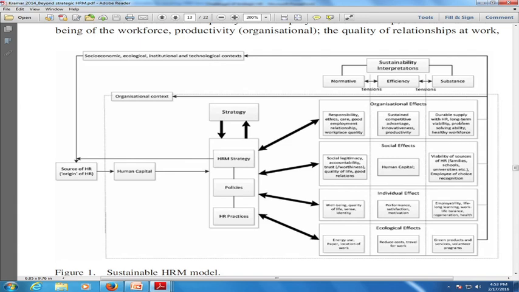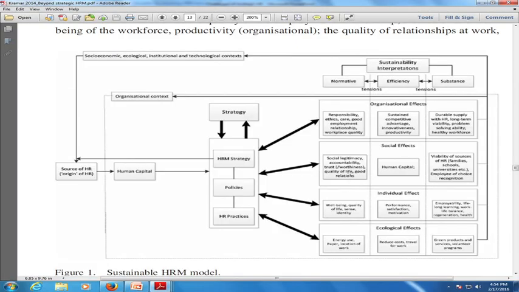This is what you need in order to produce this, and this is what you need in order to keep this right. Now the social effects of the normative interpretations of sustainability are social legitimacy, accountability to the stakeholders, accountability to anyone who's put efforts in, trust and trustworthiness, quality of life, good relations.